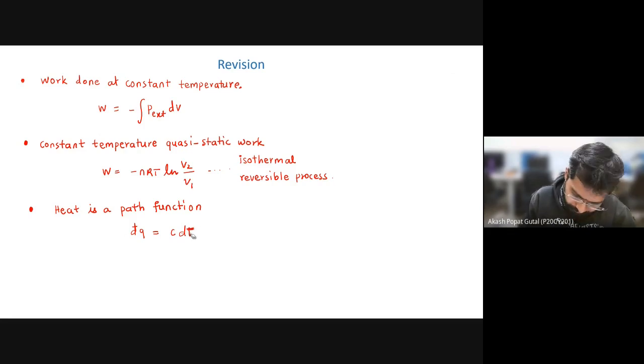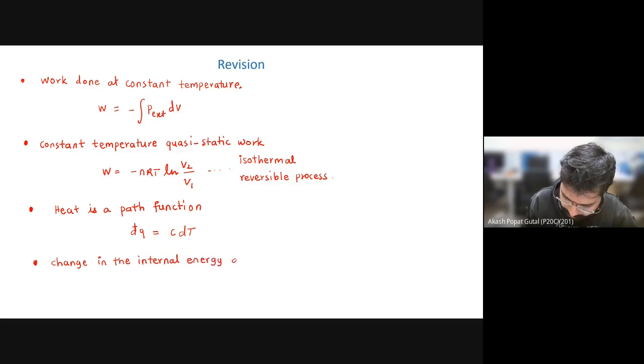And after that we have seen the change in internal energy at constant volume.